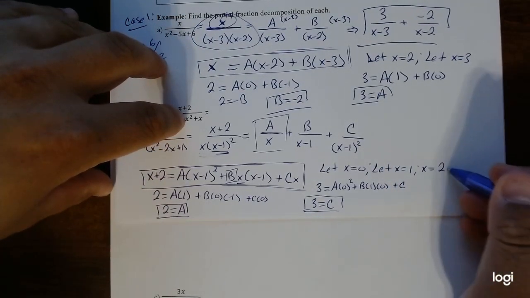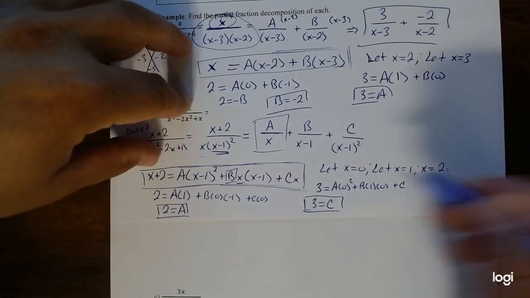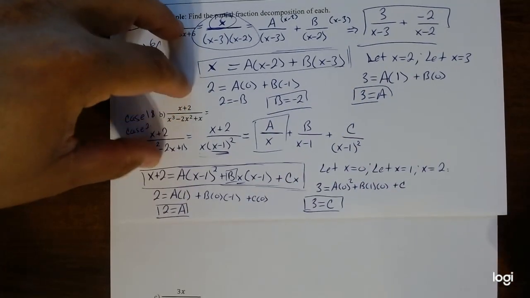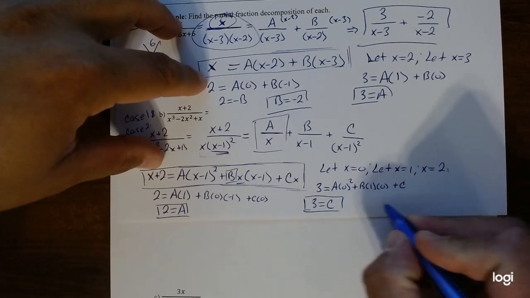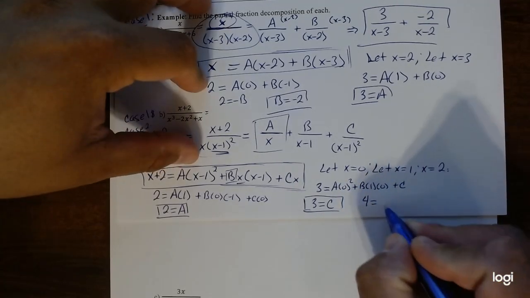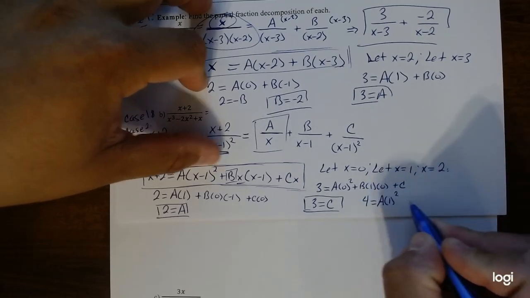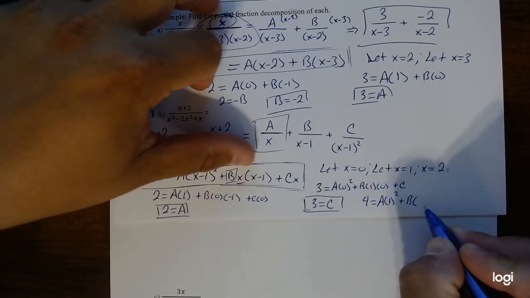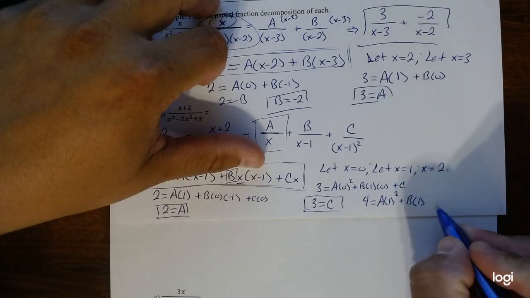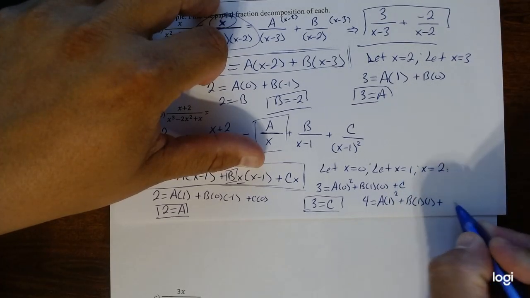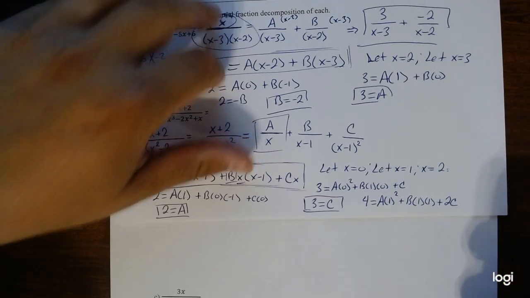If I let x equal 2, I'm just going to plug in 2 everywhere I see x. So on this side, it's going to be 4. On this side, it's going to be 1 squared. This is going to be b times 1 times another 1 plus 2c.